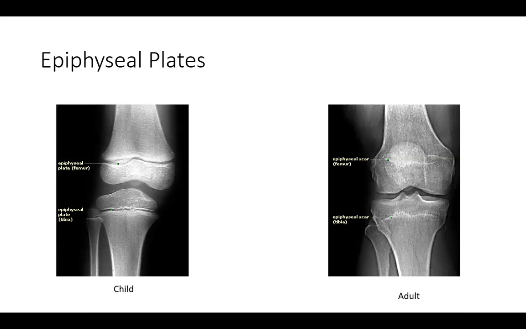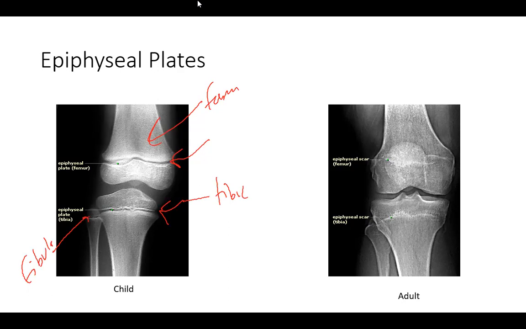They would see a dark line. The dark line there is the epiphyseal plate. Here we see it on the left-hand side. We see it on the femur. Here's the femur. Here is the epiphyseal plate right there. And here is the epiphyseal plate on the tibia. There's the femur. There's the tibia. Even the fibula gets in on the action a little bit here.